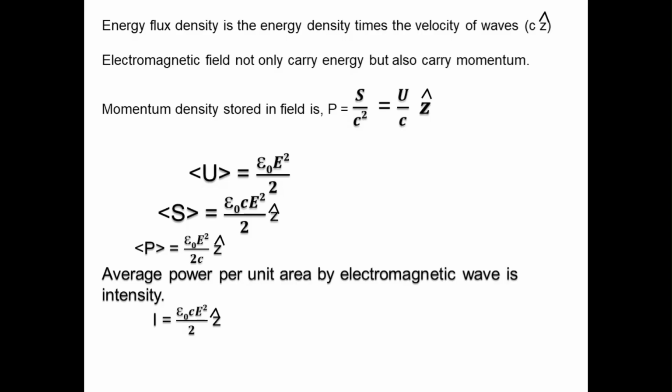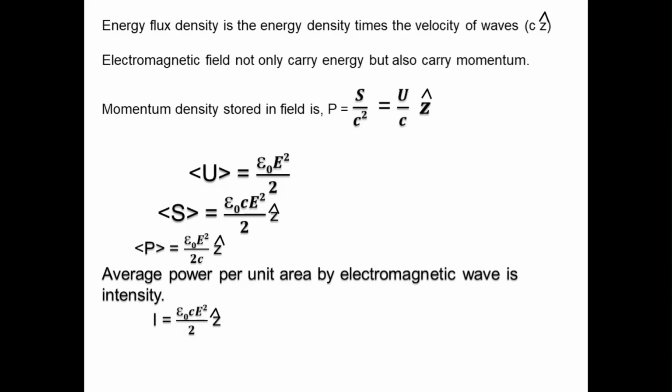And if we try to find the average momentum, average energy density, or average energy flux density, we take the average, and this symbol is the average symbol. So the average energy density is half of that one.